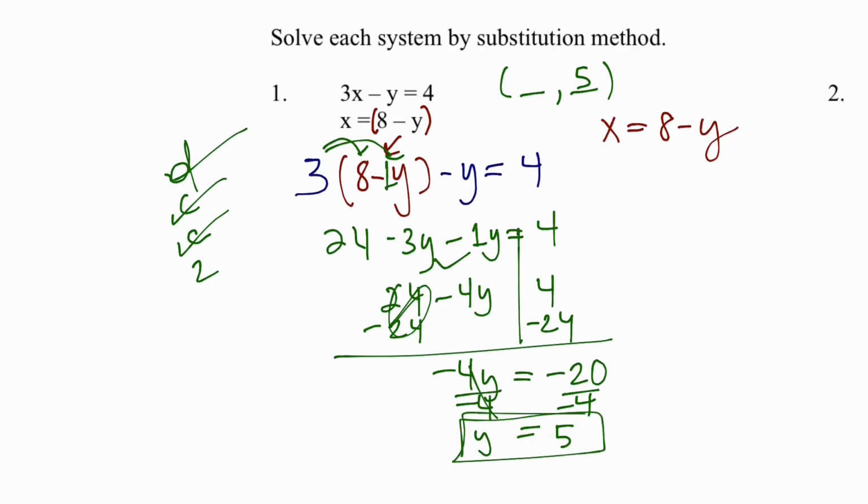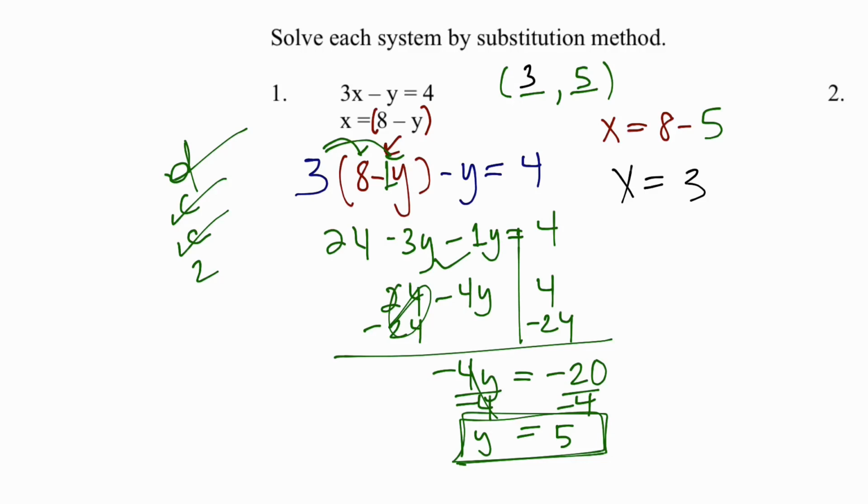So instead of the y over here, I'm going to put in the 5. All right, so now let's solve this. Well, 8 minus 5 equals 3, positive 3 because that 8 is larger. So my x is going to be 3.